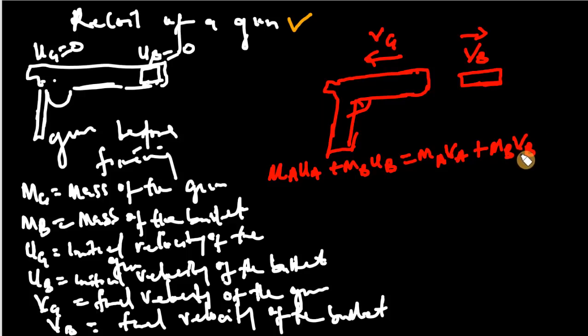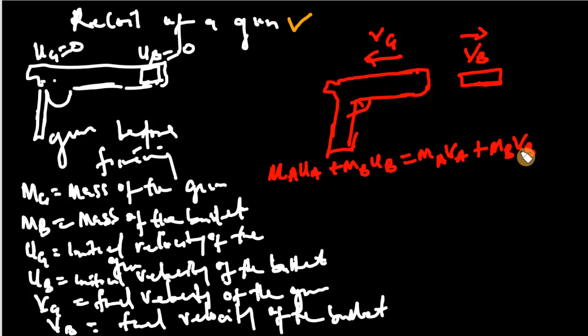This is the formula for conservation of linear momentum, where this is the mass of body A, initial velocity of body A, mass of body B, initial velocity of body B, mass of body A, final velocity of body A, mass of body B, final velocity of body B.